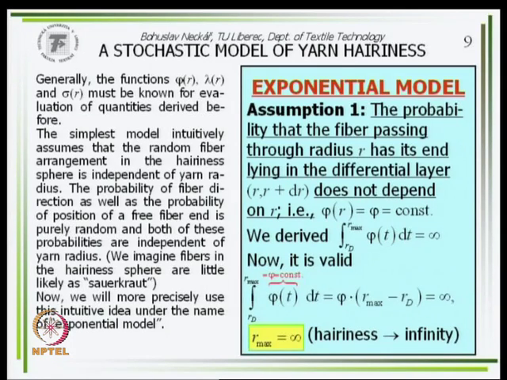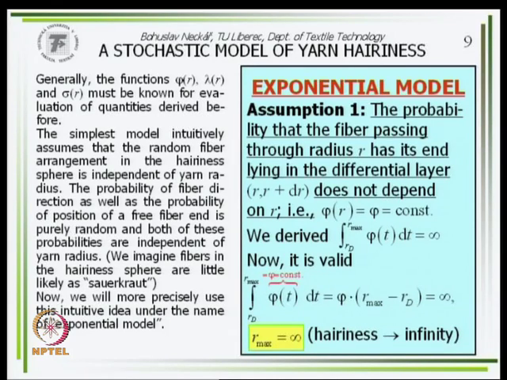But what's the problem based on practical side of our model? In our model, we have 3 unknown functions. One is the function phi r, which is related to the probability of fiber end on radius r.